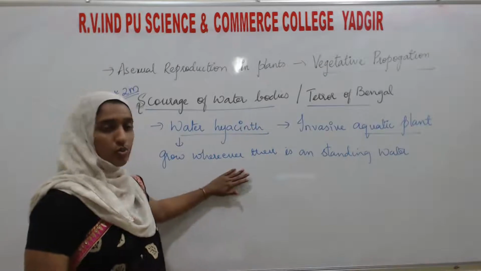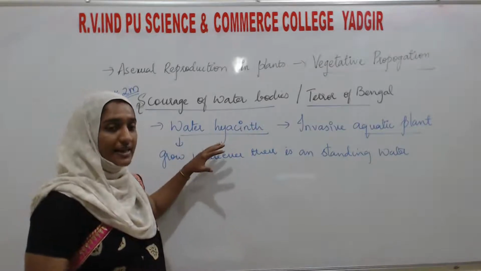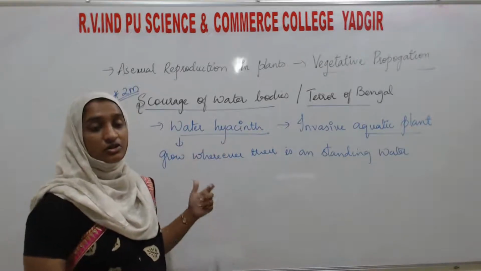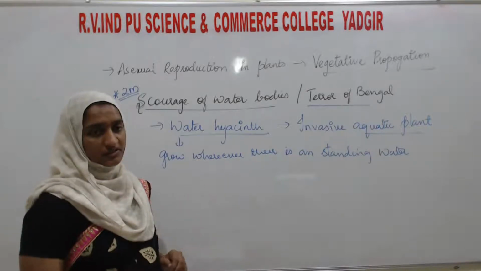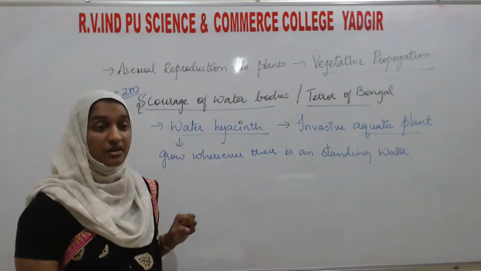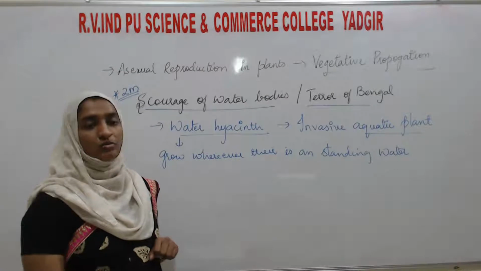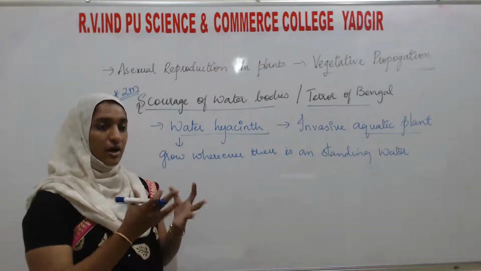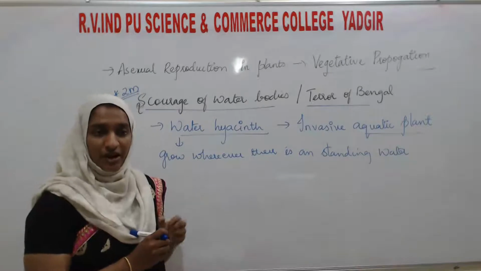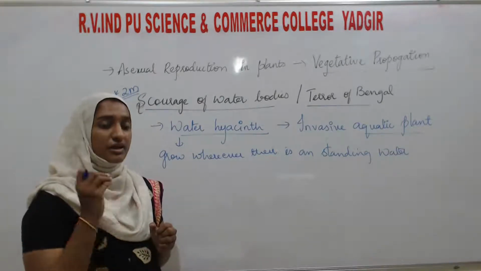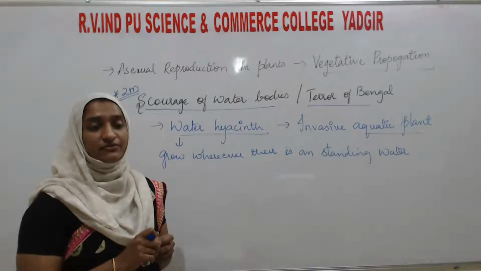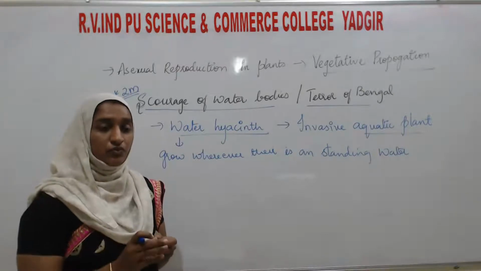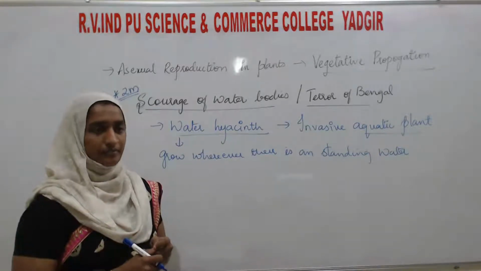What will it do? Why do we say that water hyacinth damages the water bodies? Because it drains the oxygen from the water bodies. If oxygen is absorbed by the water hyacinth, the fishes and aquatic animals will not get sufficient oxygen, due to which they will start to die.